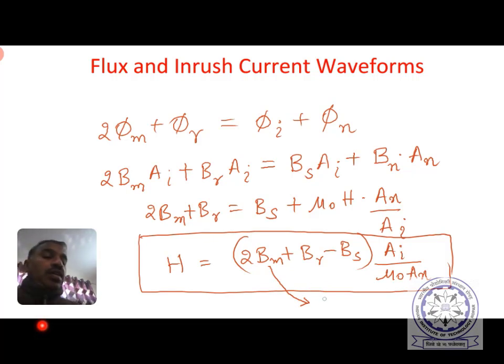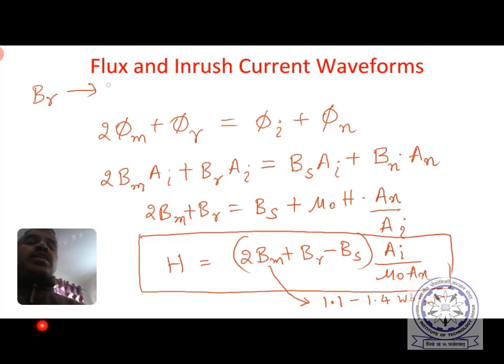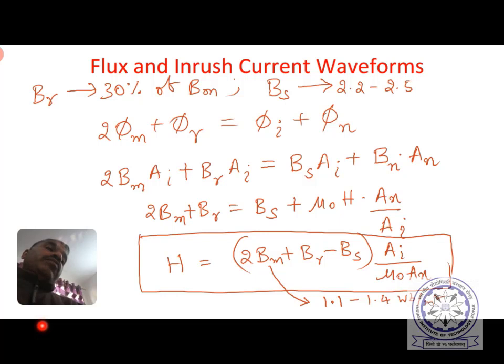It is in the order of 1.1 Tesla to 1.4 Weber per meter square, and then Br is around 30% of Bm, right? And B saturation flux density is in the order of 2.2 to 2.5 Weber per meter square.